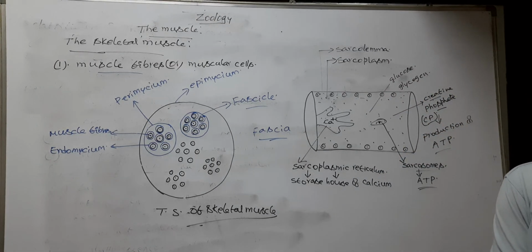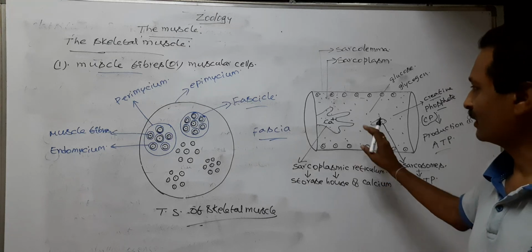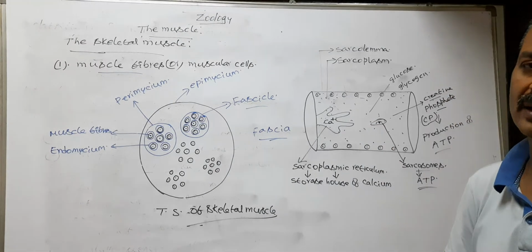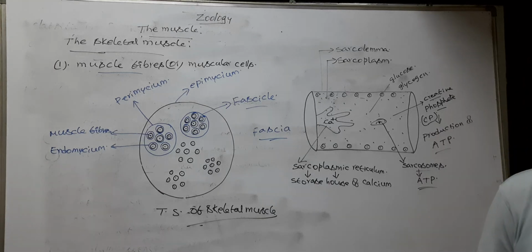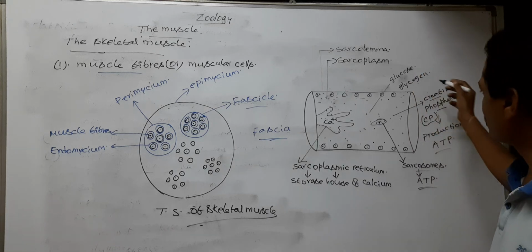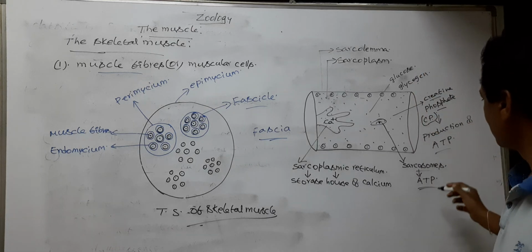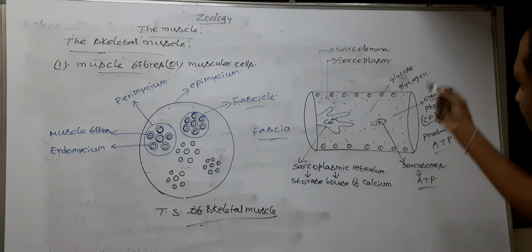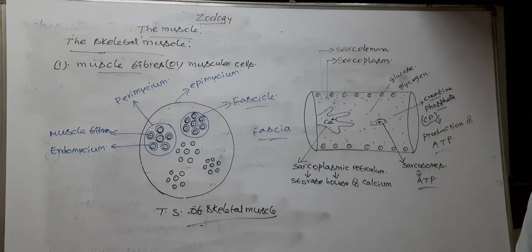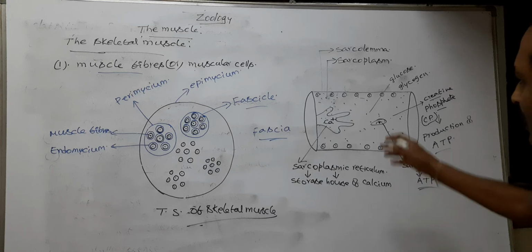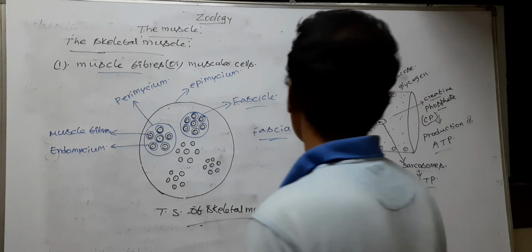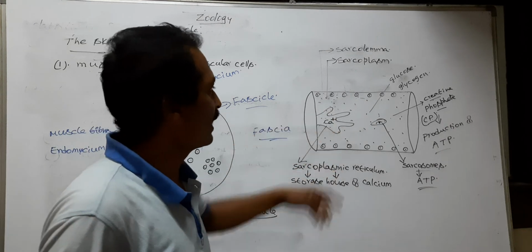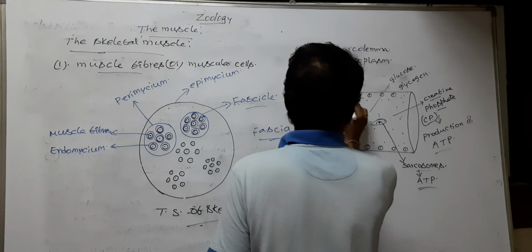Myoglobin carries a large amount of oxygen to muscles for the production of energy. Here, glucose, glycogen, creatine phosphate, sarcosomes, and myoglobin help in energy production for muscle contractions.